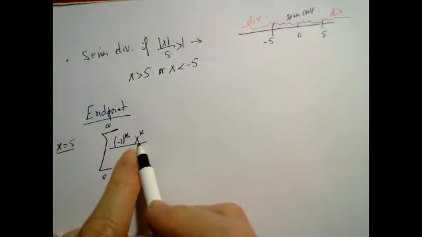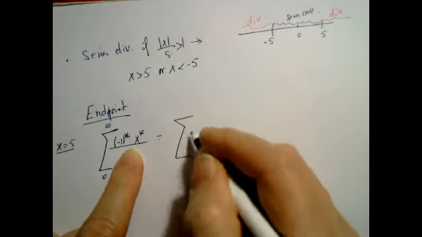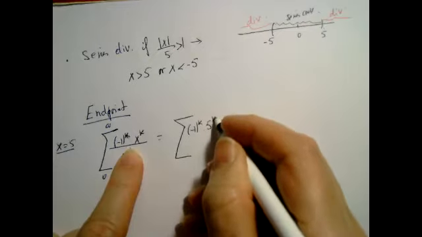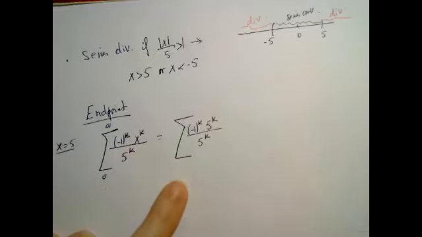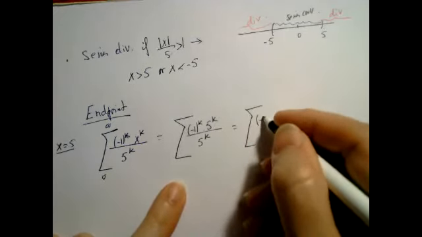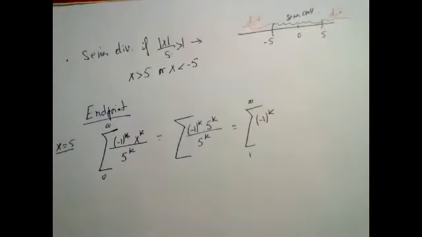I plug in 5 for x, so wherever there is x, I put in 5. This becomes (-1) to the k times 5 to the k over 5 to the k. When I do that, I will be left with (-1) to the k.